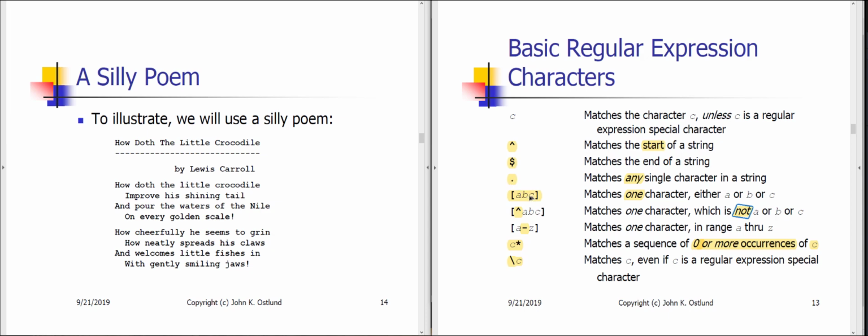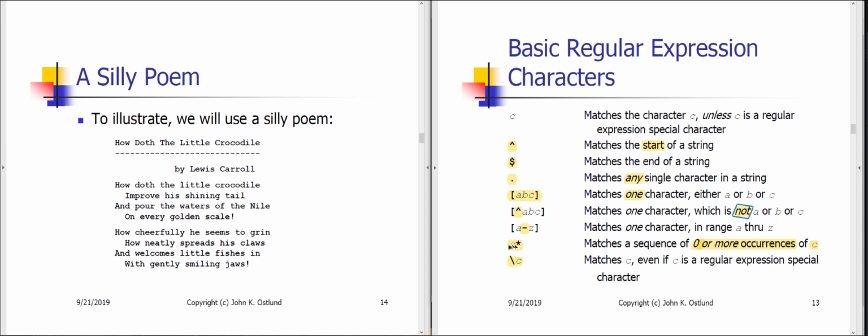Square brackets means exactly one of those characters. Or if I use a hyphen, it means exactly one of the characters in the range. But with the exception that if I use a caret as the first character inside the square brackets, it means any one character that is not one of the characters in the set or the range.